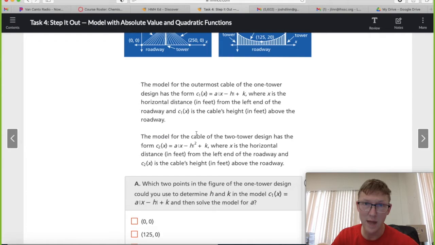The model for the cable of the two-tower design has the form of a quadratic function, same thing, where x is the horizontal distance in feet from the left end.